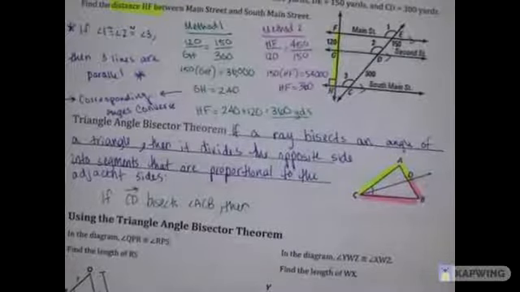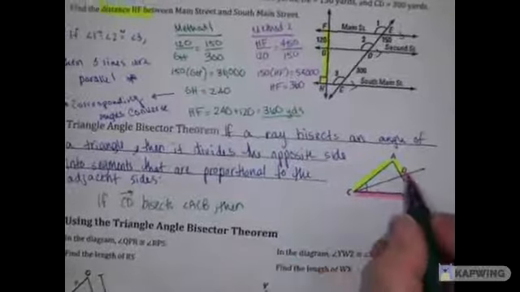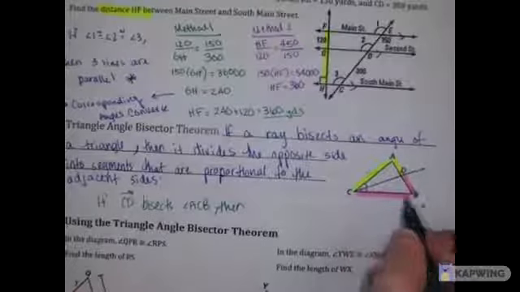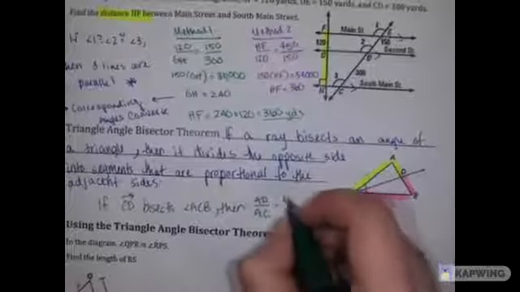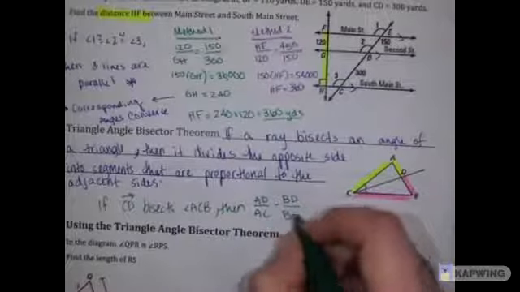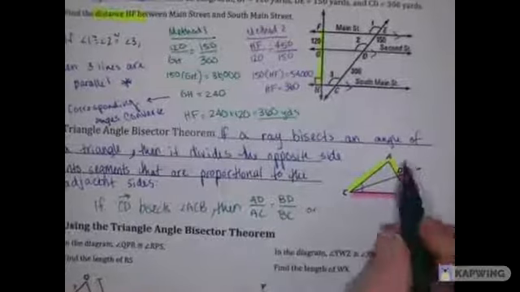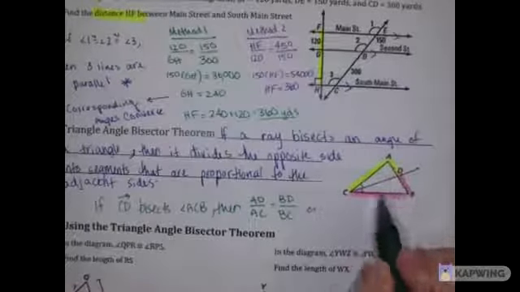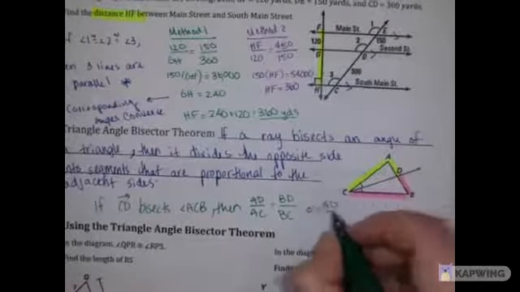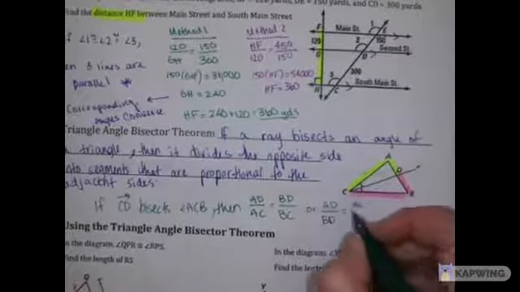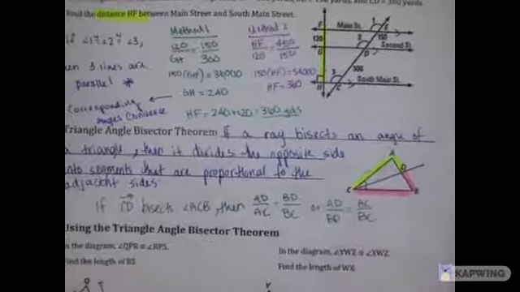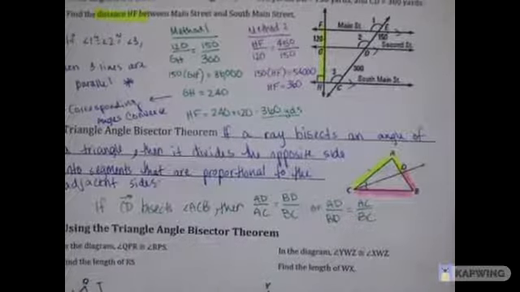So there are two ways we could set those up. So yellow over yellow equals pink over pink. So AD over AC equals BD over BC. Or you could think yellow over pink equals yellow over pink. AD over BD equals AC over BC. So that one is a little tricky. You want to make sure you're not combining sides when you're working through that.